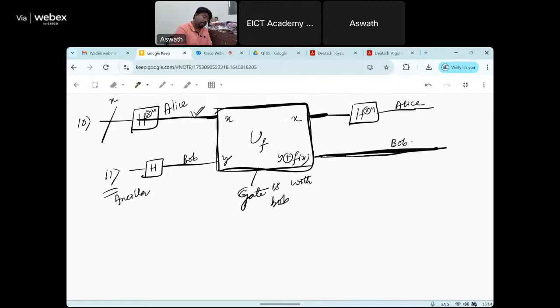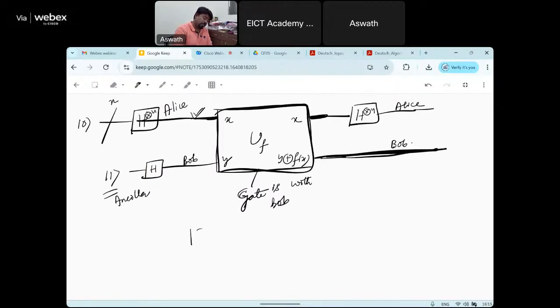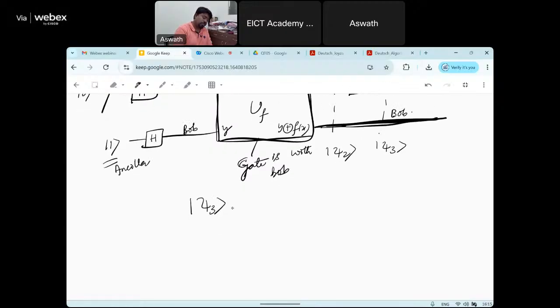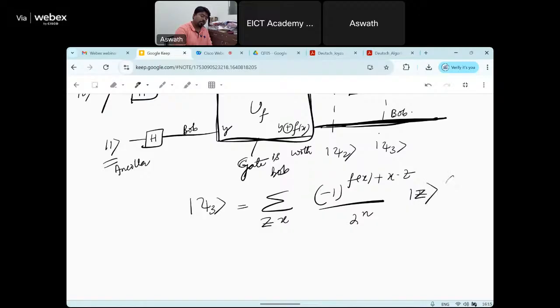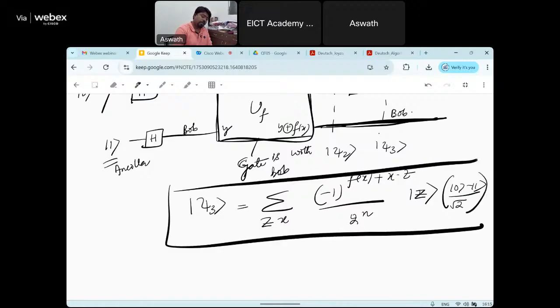So that state psi3 is okay. At this point he can choose to send psi3 or he can choose to send psi2. If he chooses to send psi3, which looks like the sum over x of (-1) to the power of f of x plus x dot z, over 2 to the power of n, times (|0> minus |1>) divided by the square root of 2, this is the state he is sending, or Alice is going to have.